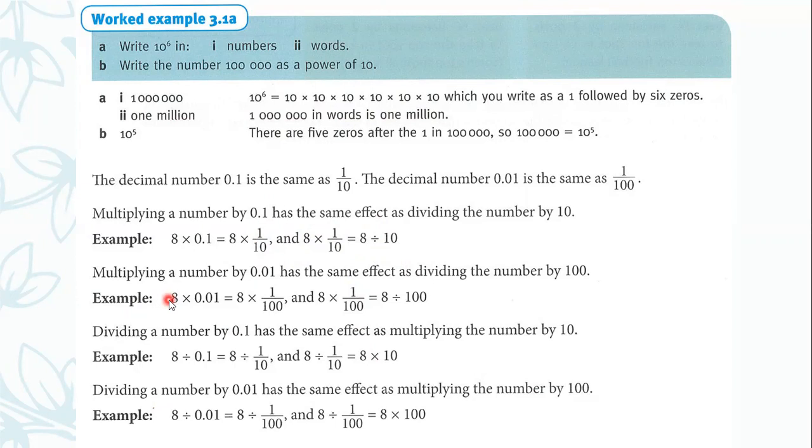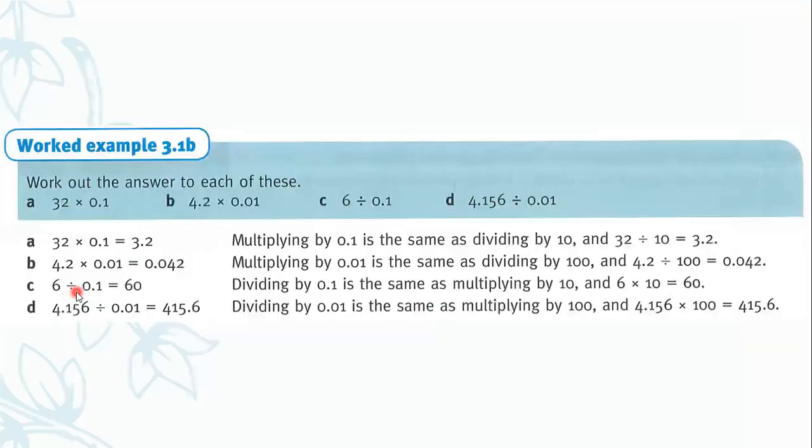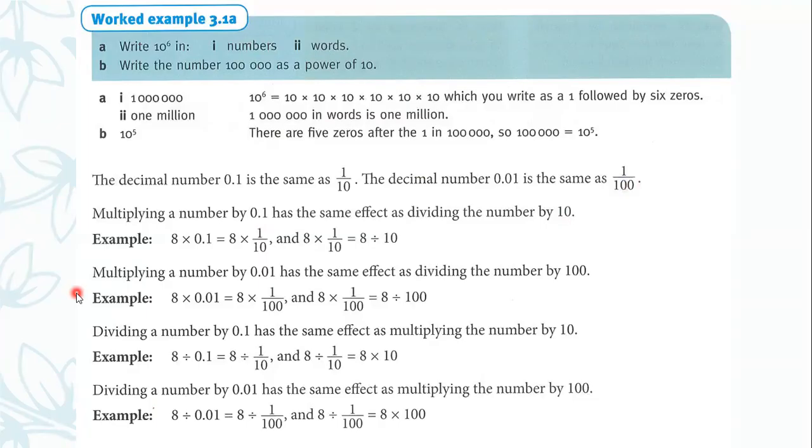Whenever I use the word by, as in 8 by 10, I mean divide. Multiplying a number by 0.01: 0.01 means 1 by 100, so 8 multiplied by 0.01 is the same as 8 divided by 100. I hope you understand all this.